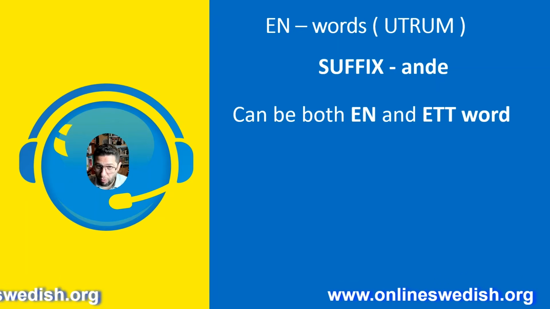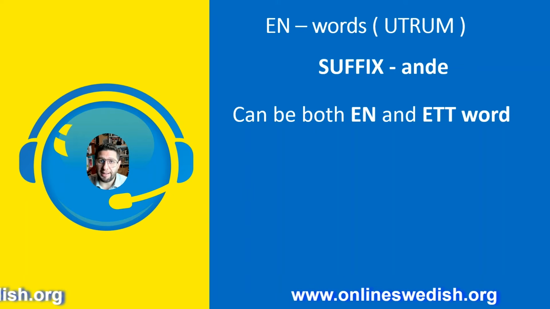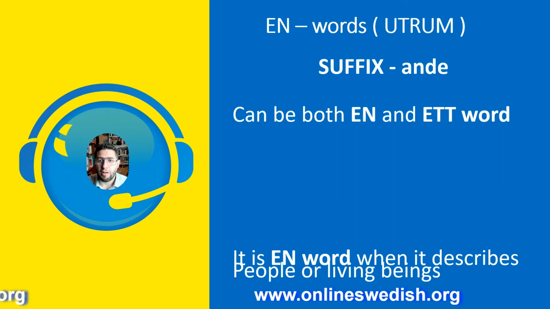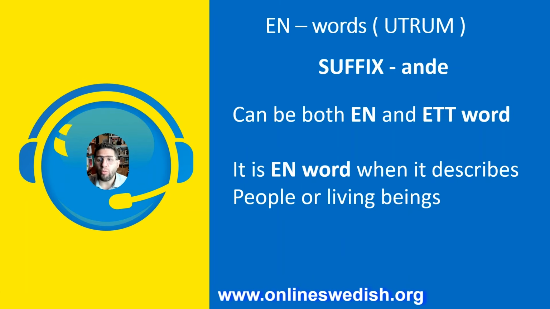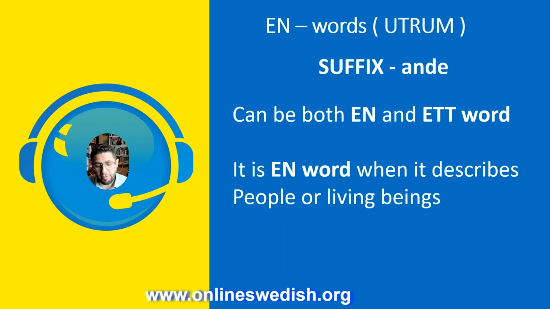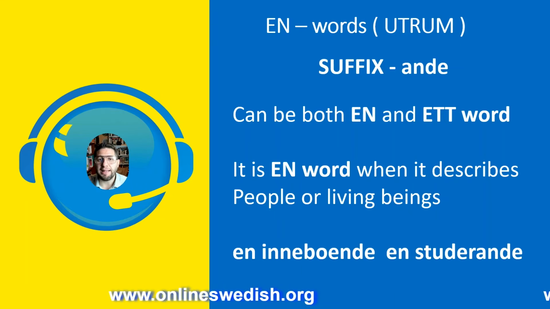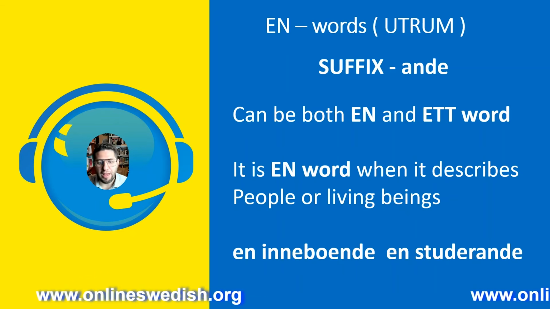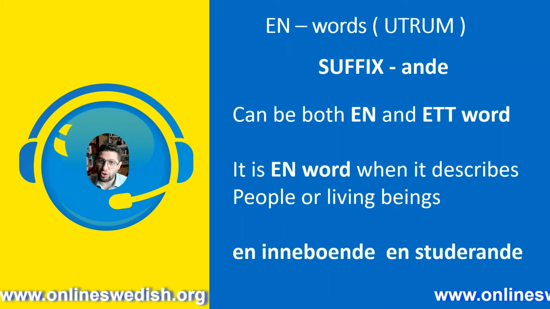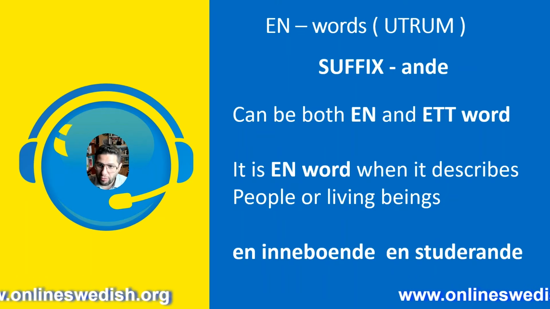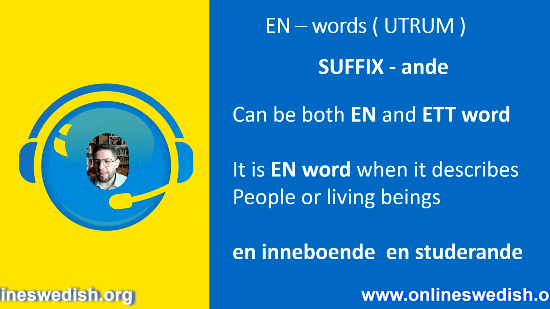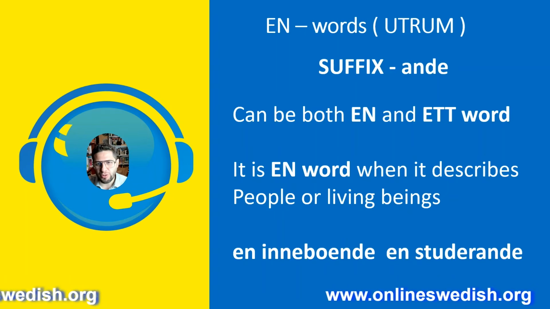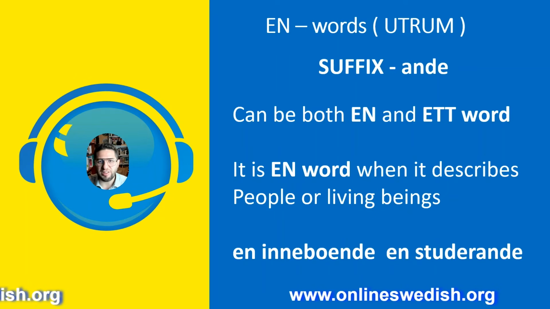So n-words, we have suffix ande, which can be both an n-word and an ett-word. It is an n-word when it describes people or living beings. For example, en inneboende or en studerande. Inneboende is a lodger, a person who is lodging in your house, and studerande is a student or a person who is studying.